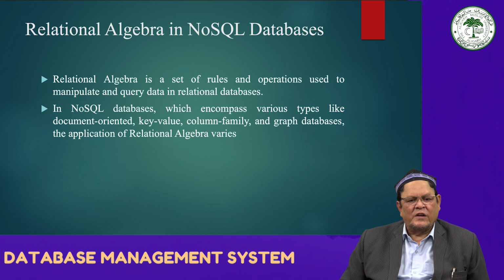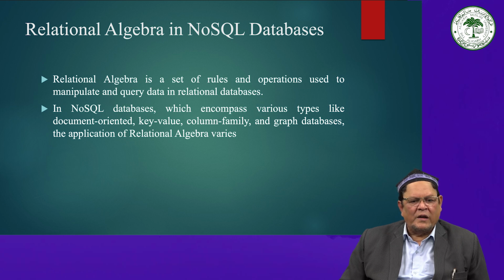In NoSQL databases, which are a bit different from the usual databases, we still use some of these rules, but we might have to change them a bit to fit the way NoSQL databases work.